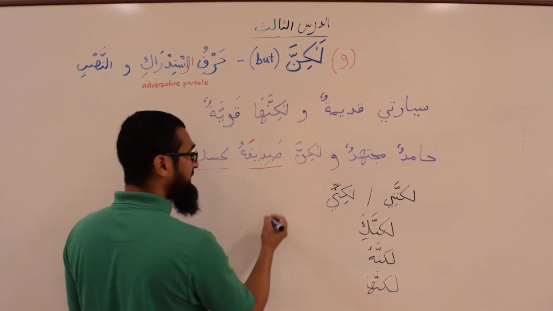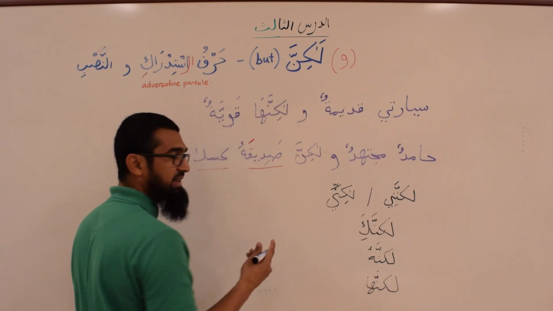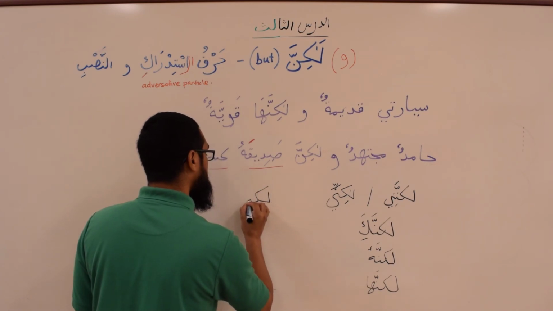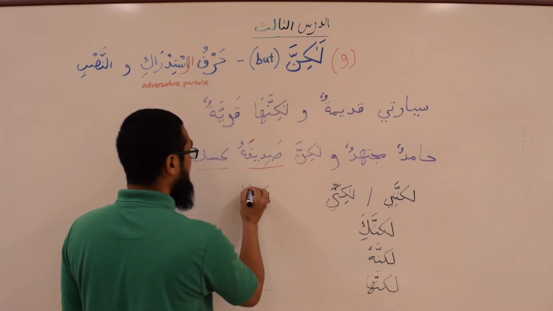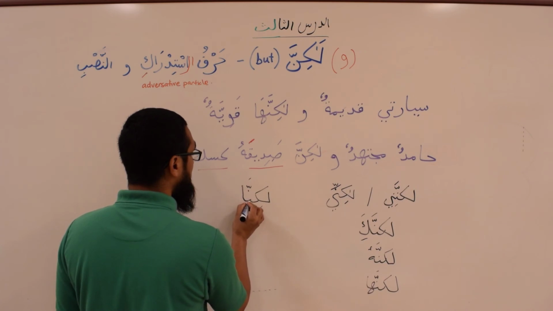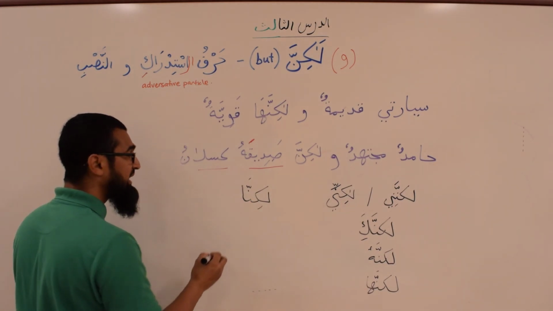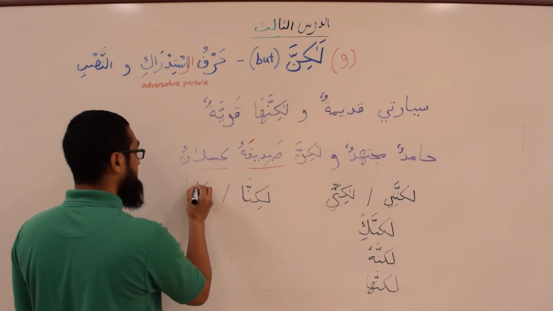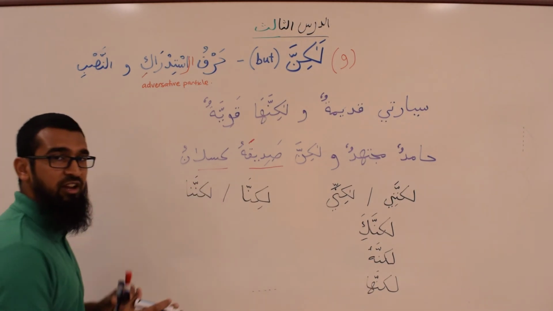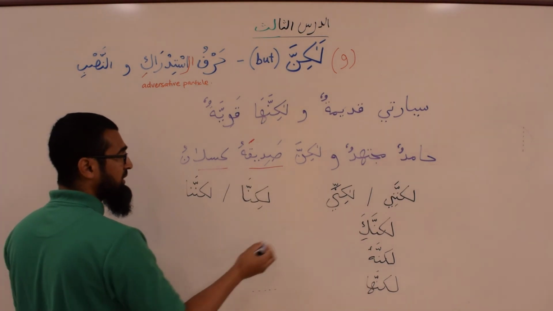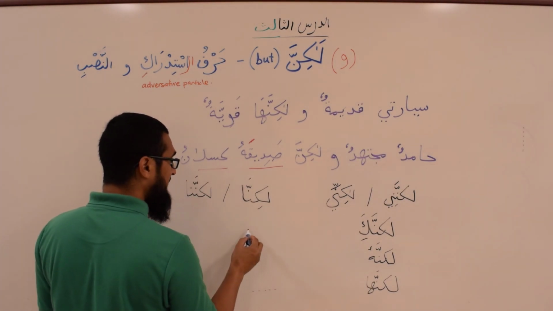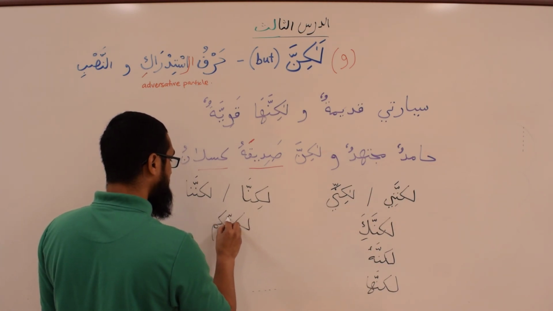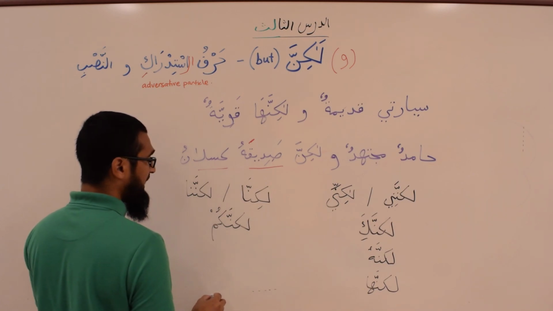The plural, we have lakinna plus nahnu, lakinna. Okay, look at this alif here. Lakinna or lakinnana, لكننا. Two variations, both of them are correct. If it's أنتم, it's going to be لكنكم. لكنكم or لكنكن.